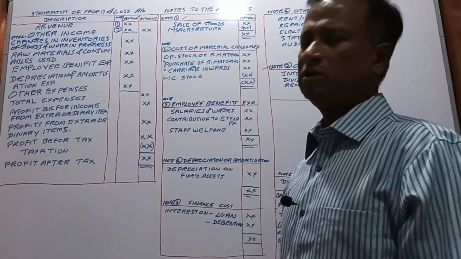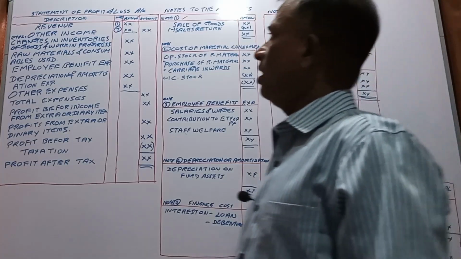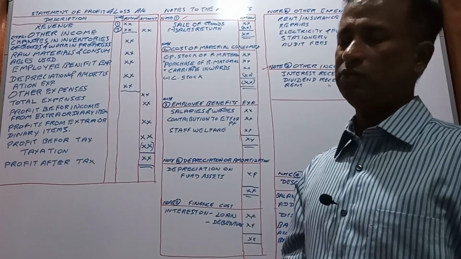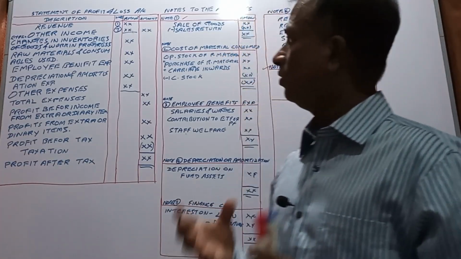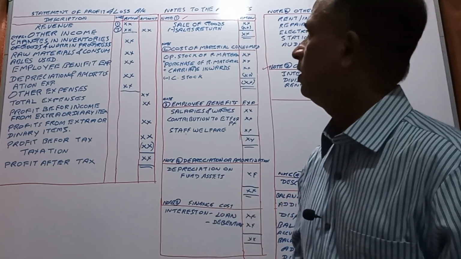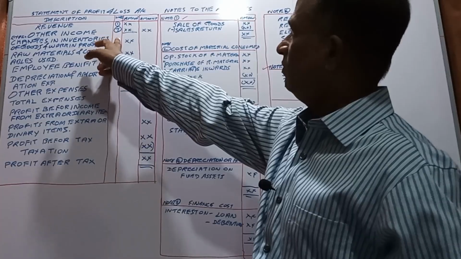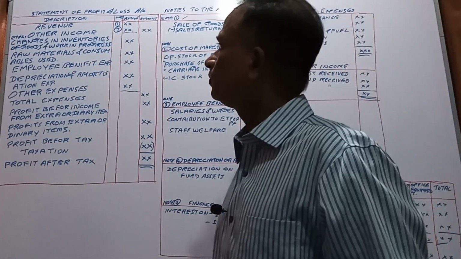What is the change in the inventory of finished goods and work in progress? We have not given any inventory figures here, otherwise we could prepare the note also.